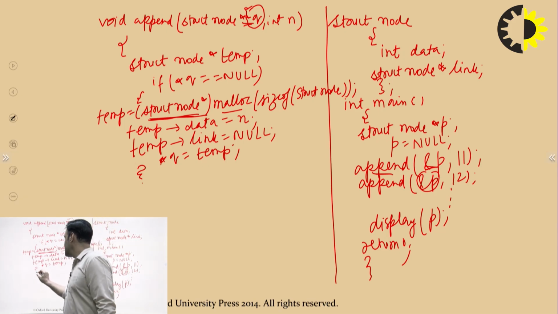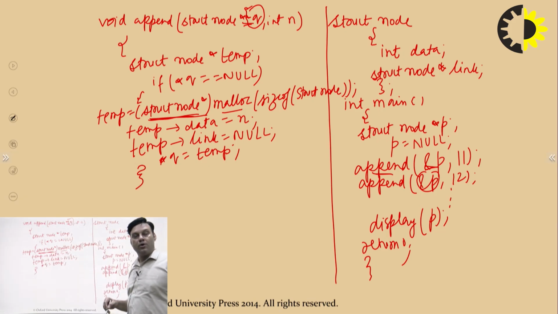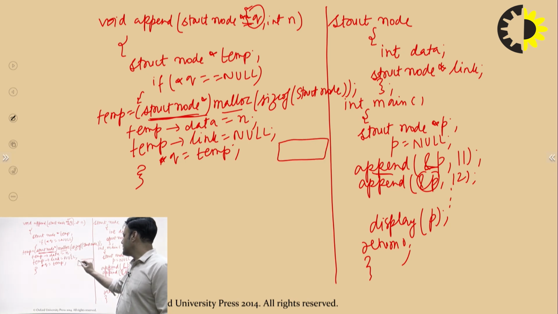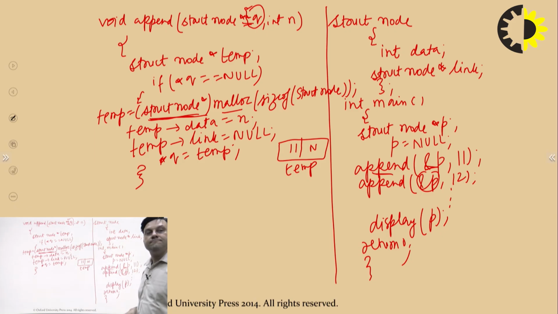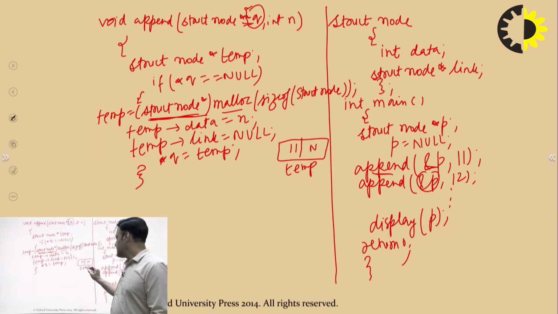So this is the code by which a node is created in computer's memory. Okay, students? So the node will be created with the help of this temp. Initially I have put here 11 and null will be there. And then afterwards this q will have its address. Okay, this is how the first node is created.